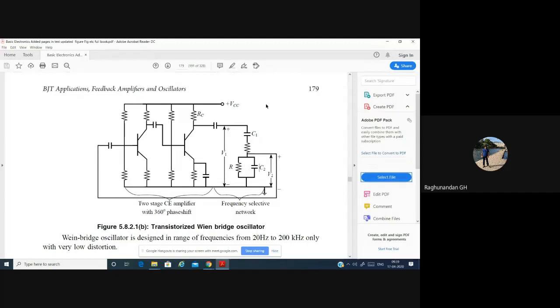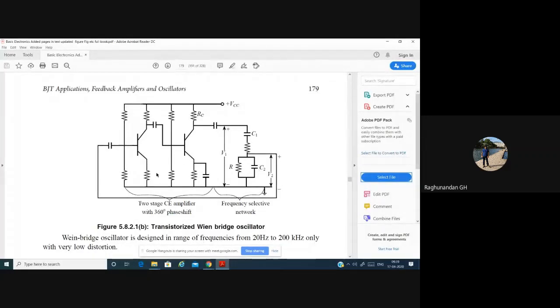To avoid that problem, they took two voltage divider circuits, where each voltage divider circuit acts as an amplifier. Again, you have to mark the arrow marks here. Put one arrow mark here, one arrow mark here.